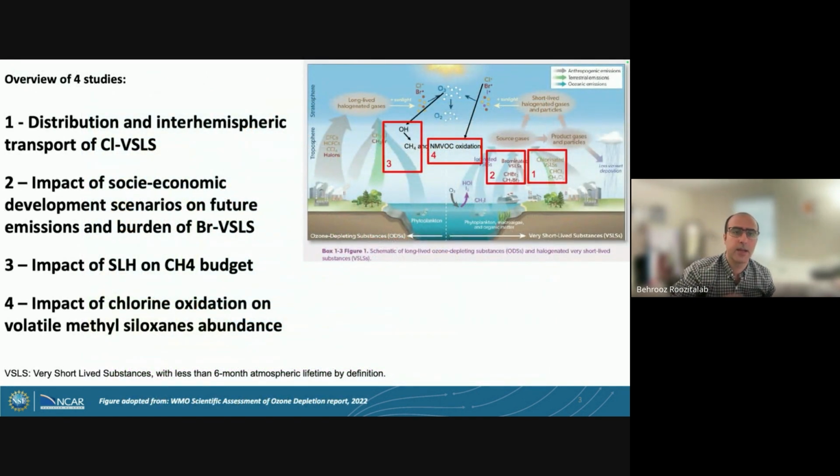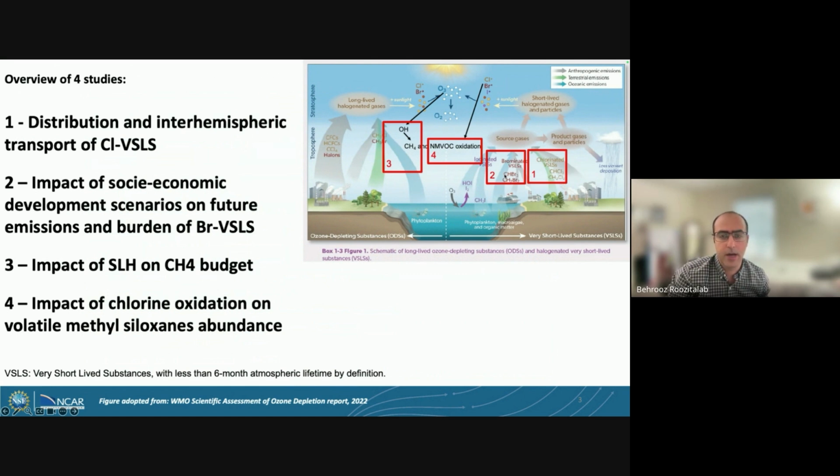So in this talk, I will talk about these 4 studies, in which we look at different components of this scheme. In one study, I will talk about some anthropogenic sources and their distribution in the atmosphere.